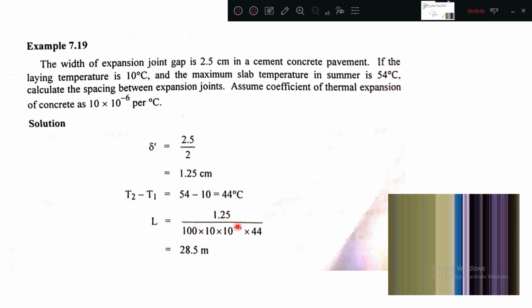The delta dash is in centimeters, C is a constant value, the temperature is in degrees Celsius, but the answer comes out in meters. That is the key point in this problem. And delta dash, whatever problem you are substituting, is half of the joint width. So for this, 28.5 is the answer. It is in meters.